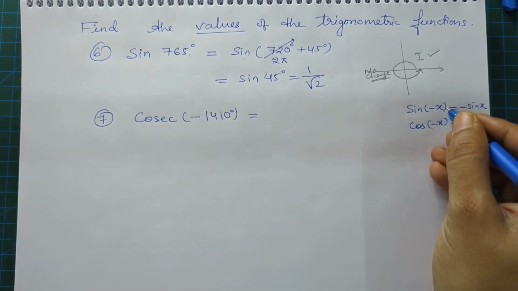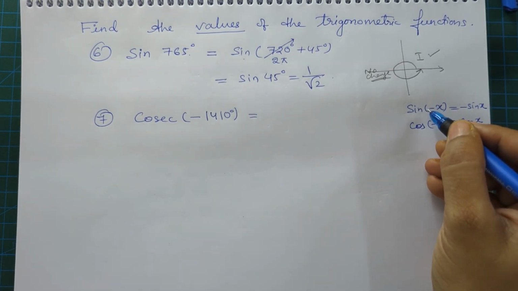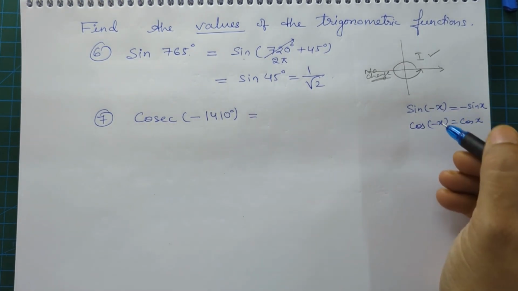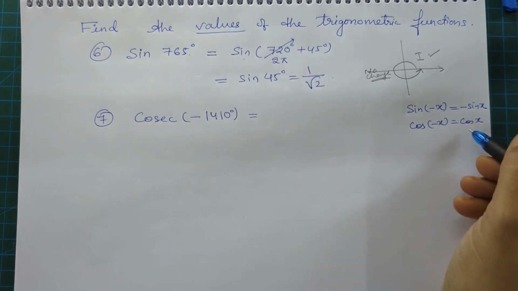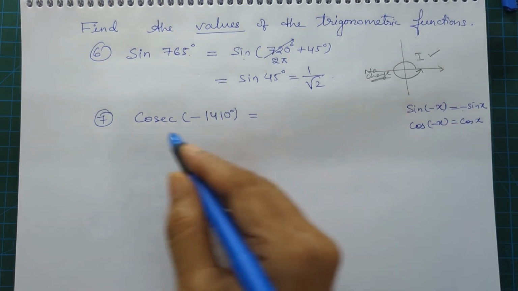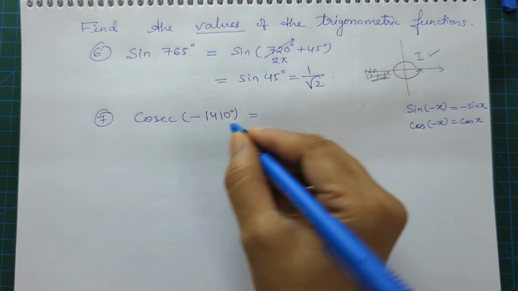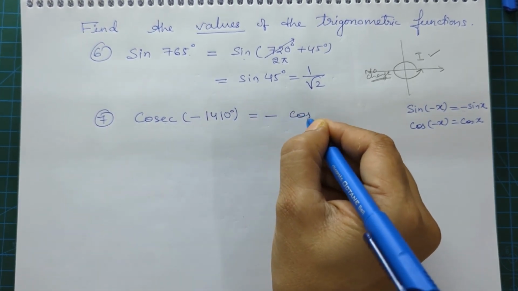Sine is an odd function, remember, so it is negative. So sine, tan, cot are odd functions. Cos, sec are even functions. So even functions will become positive. Odd functions remain negative. Sine's reciprocal is cosec, so this is also an odd function. So cosec of a negative angle is negative of cosec.